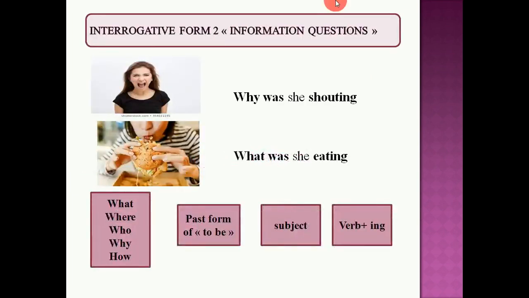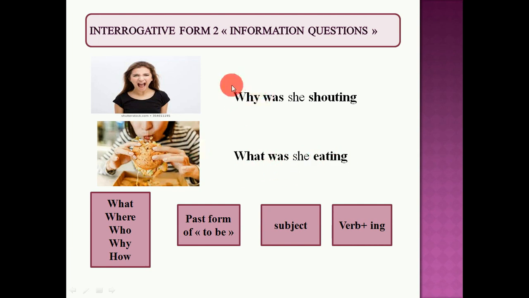Interrogative form number 2 اللي هو information question، نتقصوا على معلومة ما على بالناش بها. Okay هنا we generally use the WH questions. So look at this picture. Why was she shouting? What was she eating?